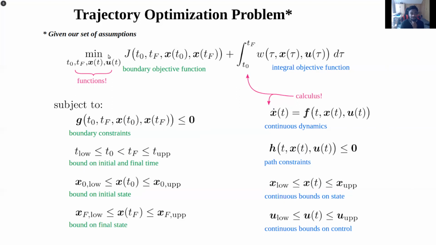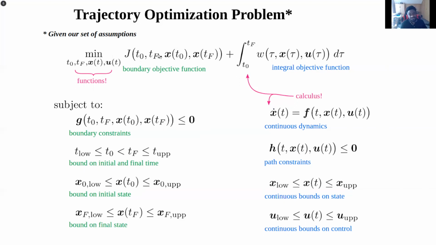The objective function is usually composed of two functions. The first function could be the boundary objective function that basically specifies the start state, the end states, the start time and the end time.